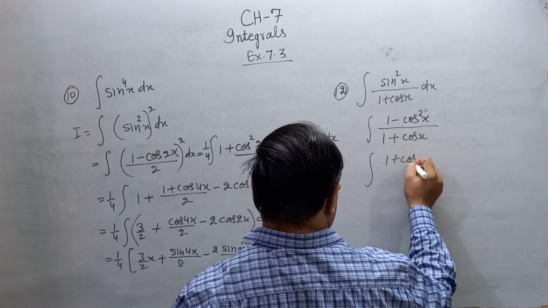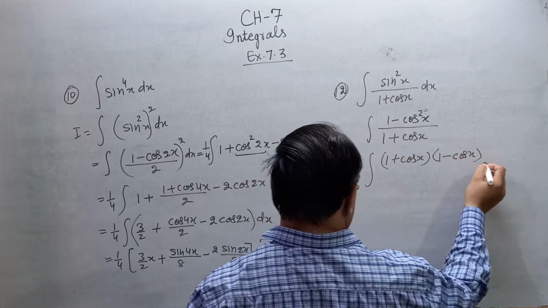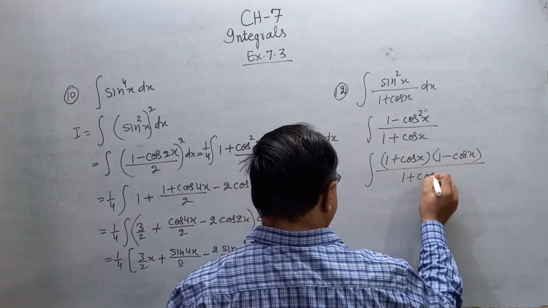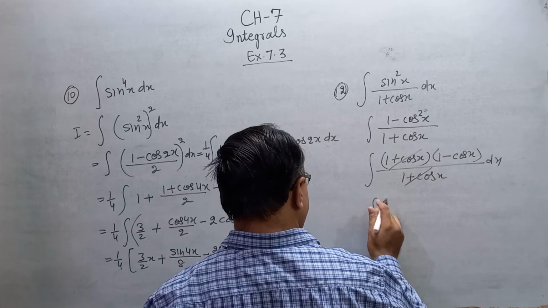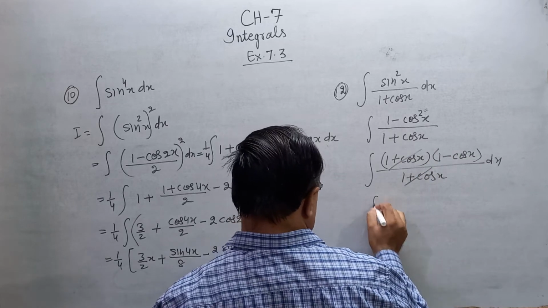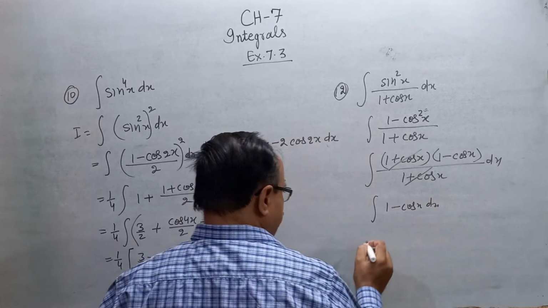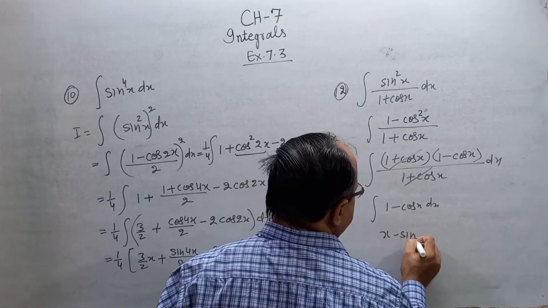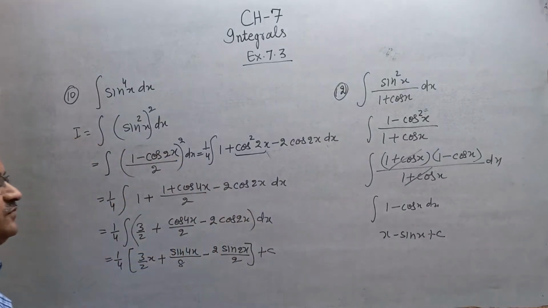Apply the formula (1 plus cos x)(1 minus cos x); 1 plus cos x will cancel. Integration of 1 minus cos x is x minus sin x plus c. This is the solution of question number 12.